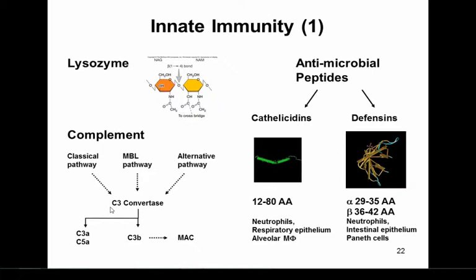So this is recognition of something that is not myself. The H protein binds on the surface of your cell and says to the complement system, don't kill me. If this is not there, complement will be deposited.